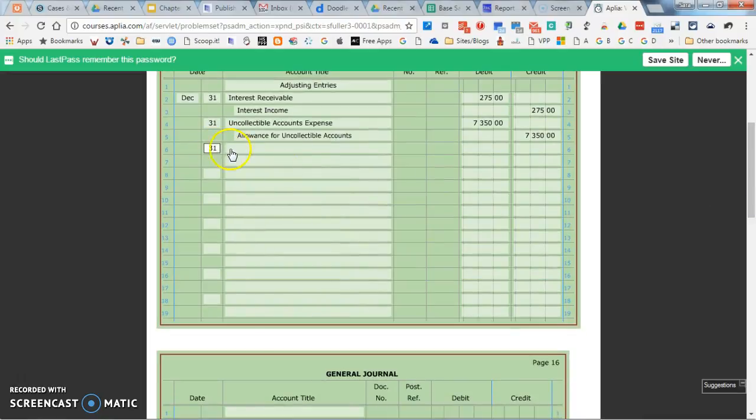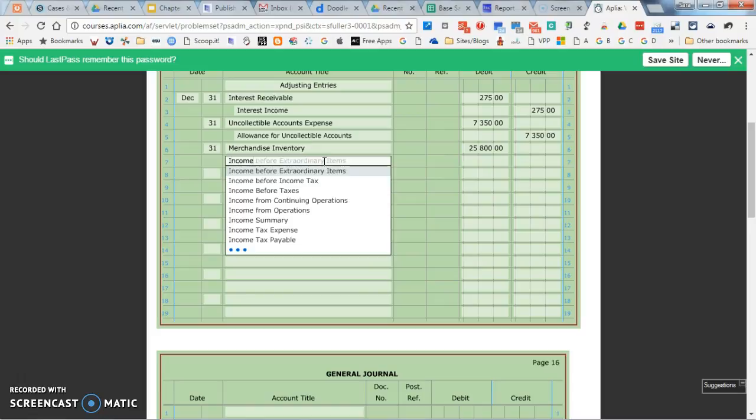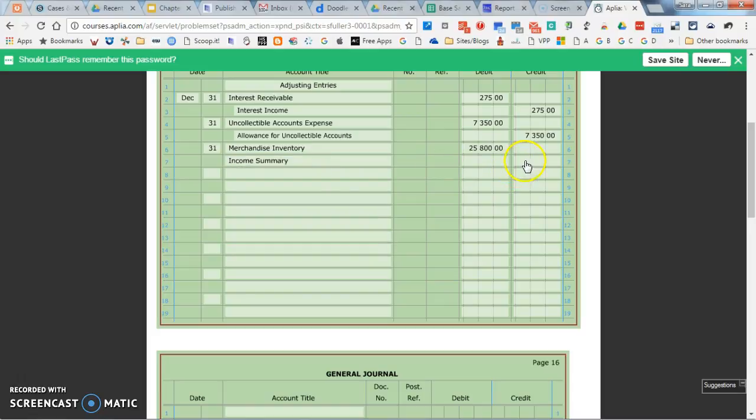31st is the date again. And merchandise inventory, $25,800. The credit with that is income summary, $25,800. Next adjustment, the 31st.